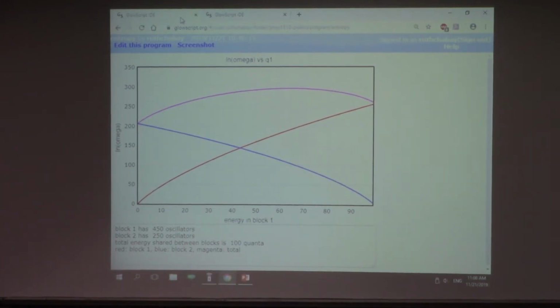But this is just a different mathematical representation. By taking logs, we get to actually see what the numbers are here, where it was really way too small on that previous plot.